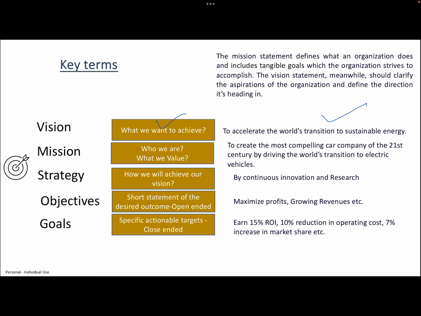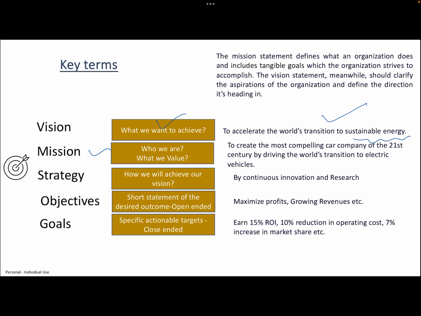They said electric cars are a part of sustainable energy. So they have set a broader vision here. So vision is always about what we want to achieve, and it should always be from a global perspective, not only for the company's sake.